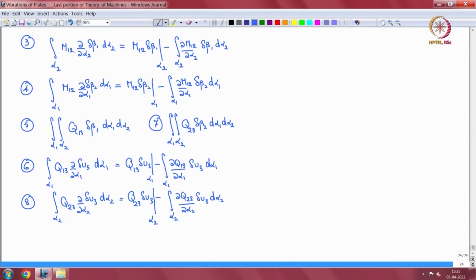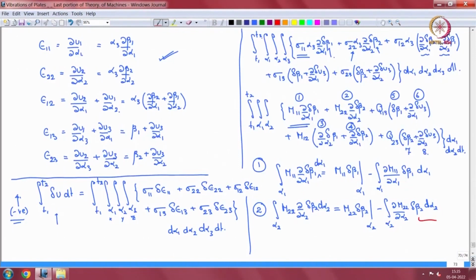Now if you see, let me change color, this has delta u3 variation, this is a delta u3 term, this is a delta beta 1 term, this is a delta beta 2 term, this is a delta beta 2 term, this is a delta beta 1 term, and this is a delta beta 2 term, and this is a delta beta 1 term.